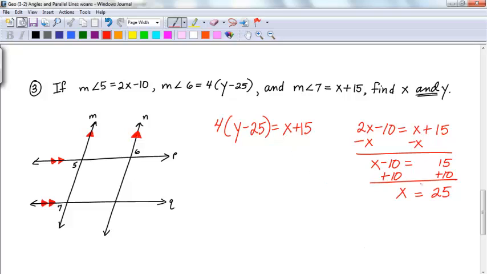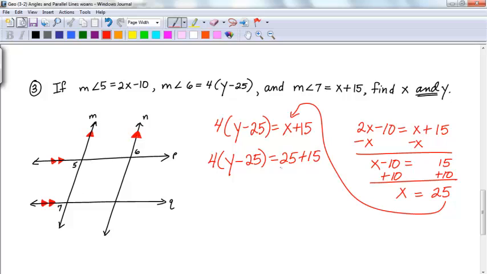Now that we know what x is, we can substitute that back in here, and we'd have 4 times y minus 25 equals 25 plus 15. We could distribute that, or we could leave it, because if you add those together, you get 40, right? Divide by 4 on both sides: y minus 25 equals 10, right?